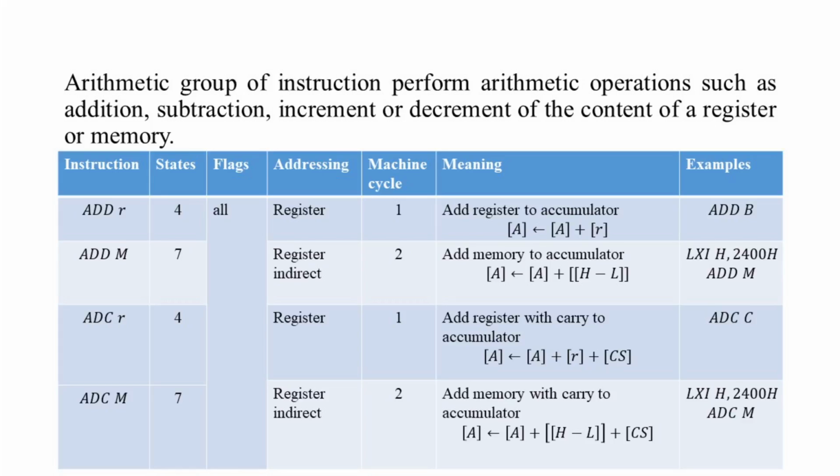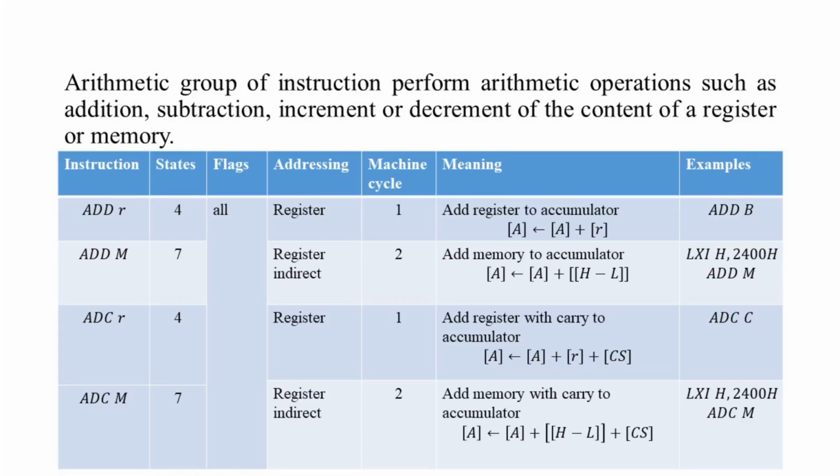So when we execute this line, add memory with carry to accumulator, it means we add the content of the memory address, whose address is placed in the register pair, with the accumulator and carry flag, and the result is stored in the accumulator.